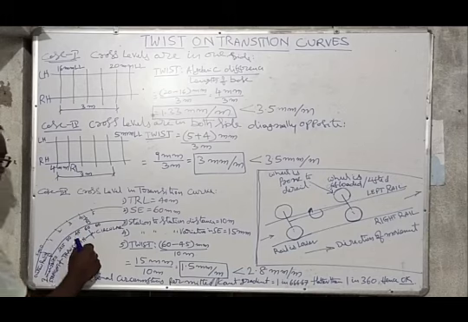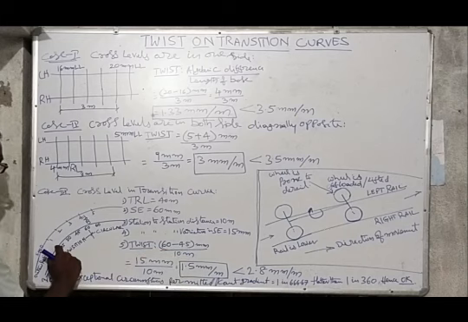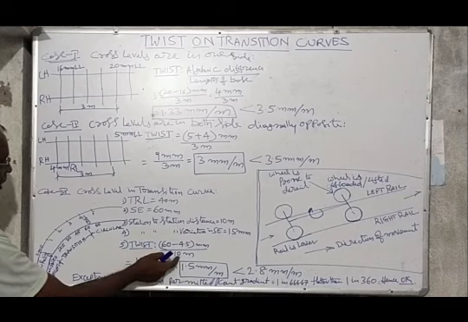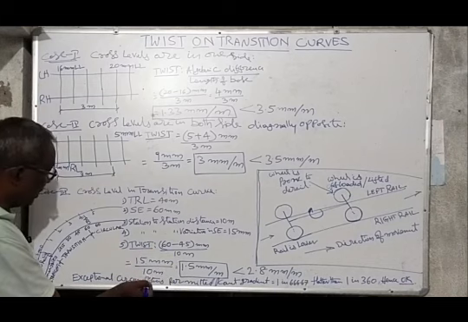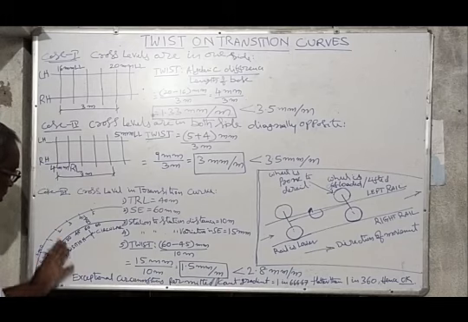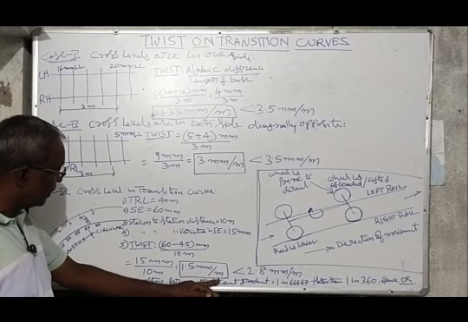Twist is equal to 60 mm minus 45 mm by how much station distance? Station 10 meter interval. Base is 10 meter. 15 mm by 10 meter. In this particular transition portion, twist is equal to 1.5 mm per meter.